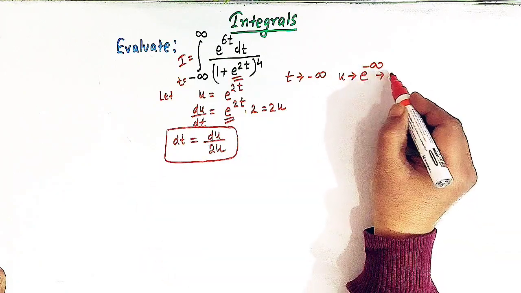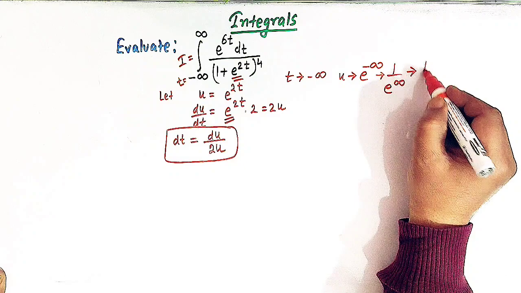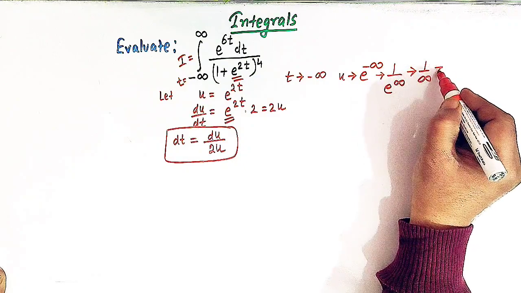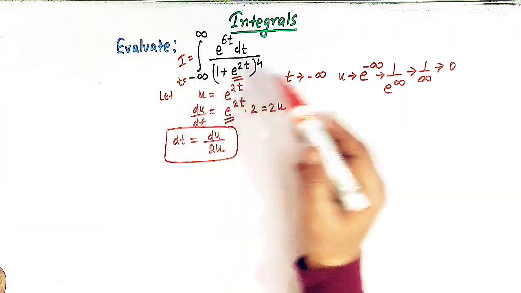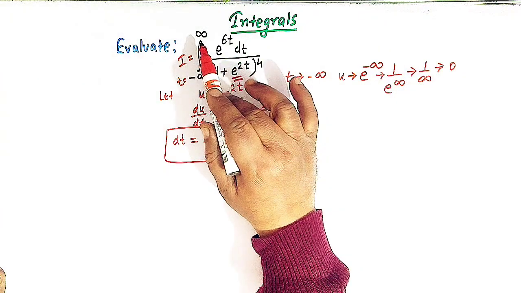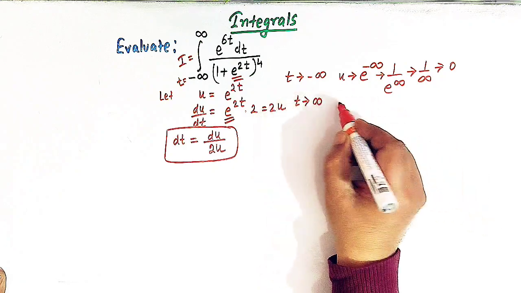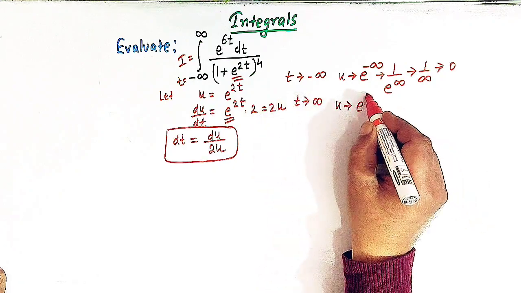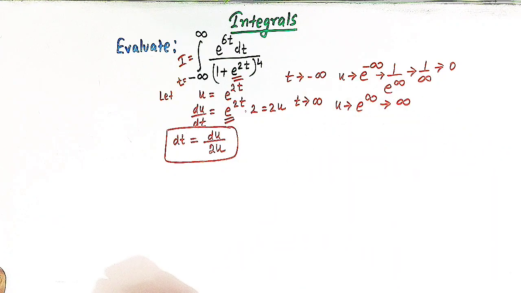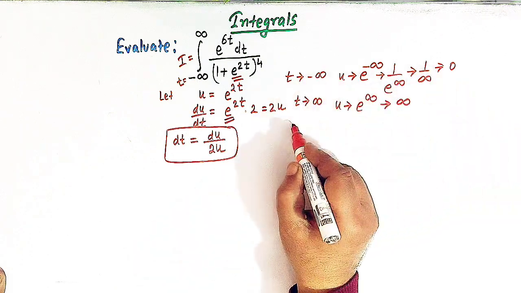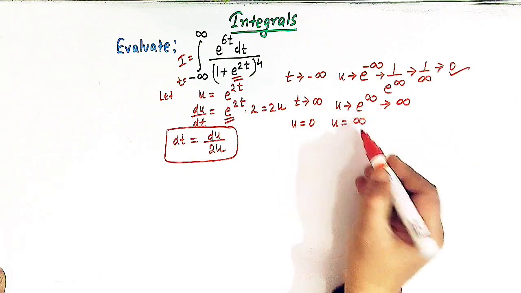And e raised to minus infinity is 1 over e raised to infinity, which is 1 over infinity, that is tending towards 0, right? So when t tends to minus infinity, u tends to 0, and similar is the case with infinity, that is when t tends to infinity, u tends to e raised to infinity, and e raised to infinity tends to infinity, right? So our limits are now u equal to 0 and u equal to infinity, right?